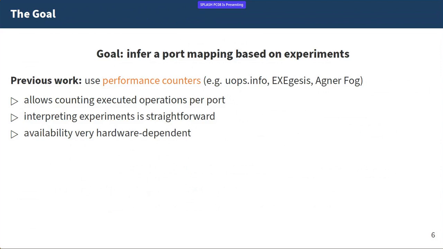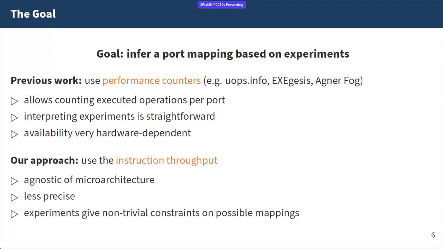So you can actually rather straightforwardly come up with experiments or micro benchmarks that you need to run and how to interpret these to find how the instructions are decomposed into micro-ops. However, not every CPU has these performance counters. Practically, you're mostly limited to Intel CPUs, whereas x86 CPUs from AMD don't really have enough suitable performance counters, and if you're using some ARM architectures, you're even more lost.